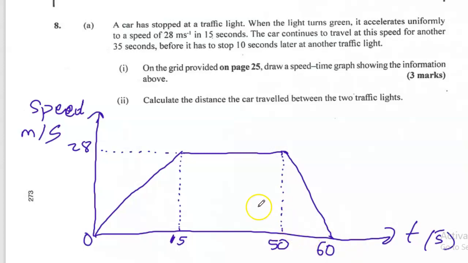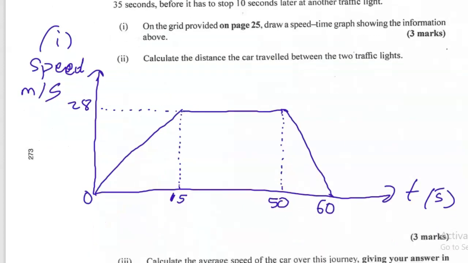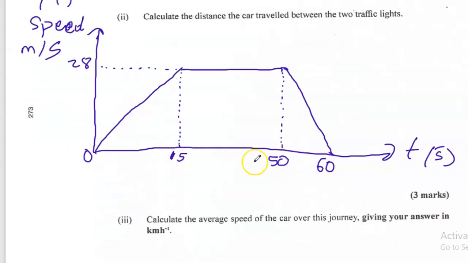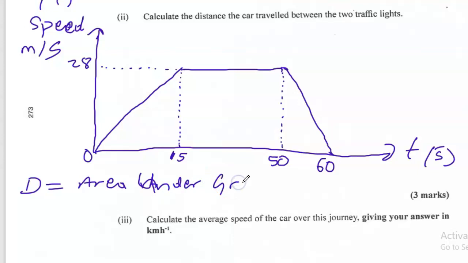Alright, so this will answer part 1, the sketch, and of course you'll do it on graph paper. Calculate the distance traveled. Of course, distance traveled is the area under the graph.